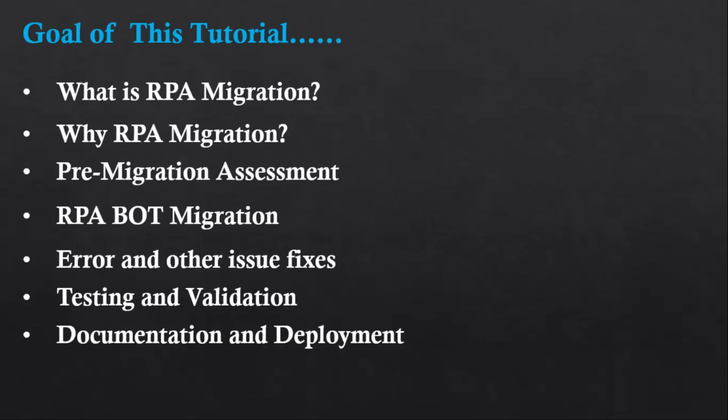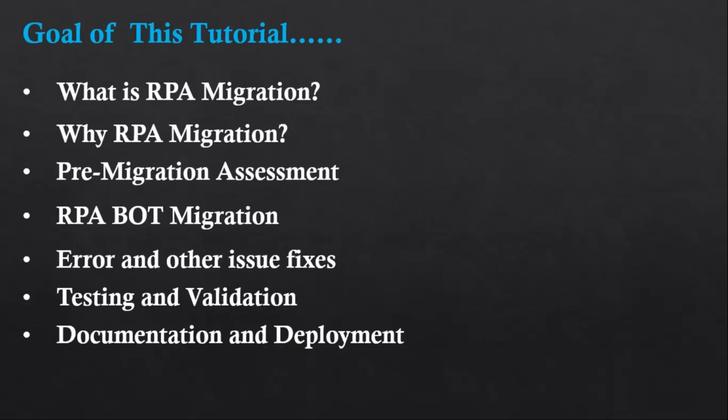Let's say after the migration is done, what will be your action or role as a developer or a technical architect? So we are also going to talk about the errors and other issues that we need to take care of. Let's say after fixing the issues or errors, what are we going to do with the testing and the validations, and at the end we will understand the documentation part as well as deploying your migrated bot into production. So let's start with the first one, which is what is RPA migration.